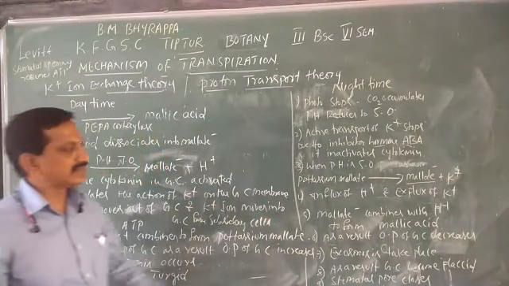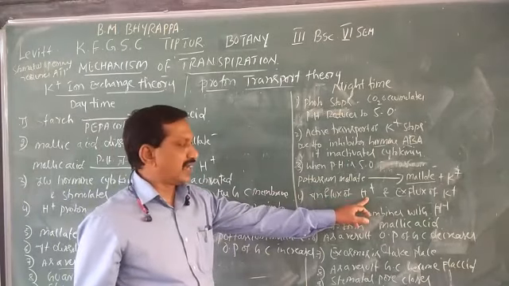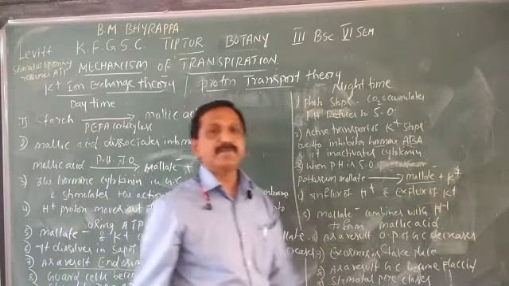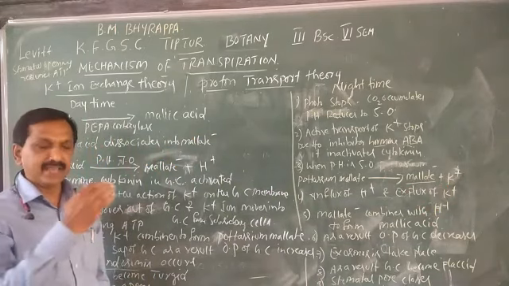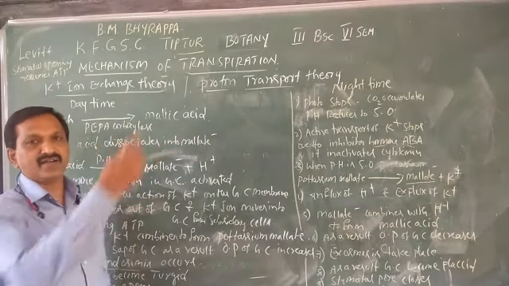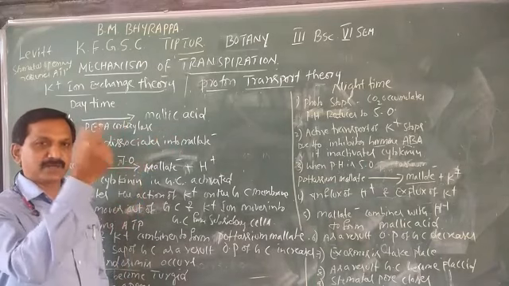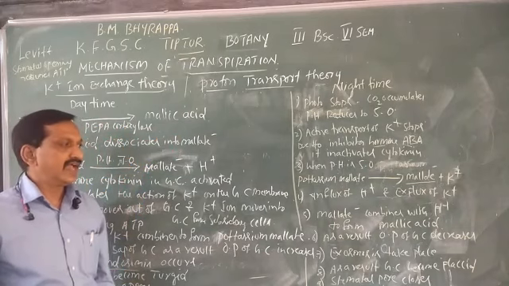Then the influx of the H plus protons and efflux of K plus ions takes place. That is, the K plus ions move out of the guard cell into the subsidiary cells, and the H plus ions which are present in the subsidiary cells move into the guard cells.